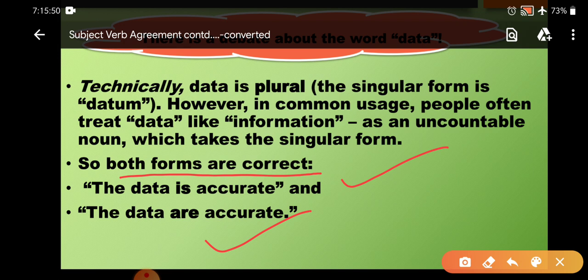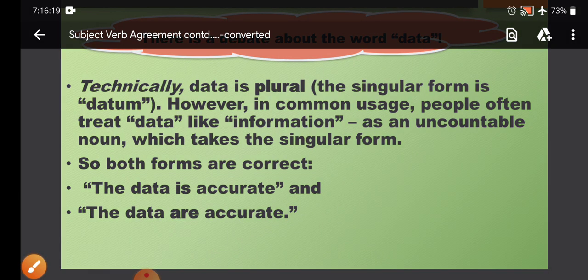So, the data that I have provided you, those data are accurate. It sounds a little offbeat, but technically it is more correct, more appropriate than the other form. Always remember this word. The singular form is datum. Clear? Then you will remember that data is the plural form.